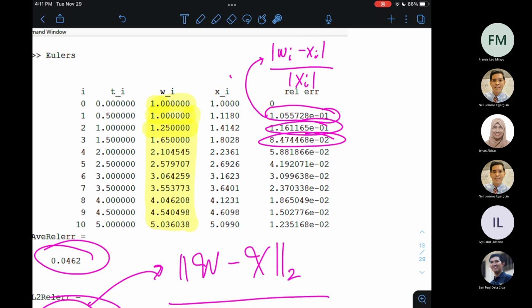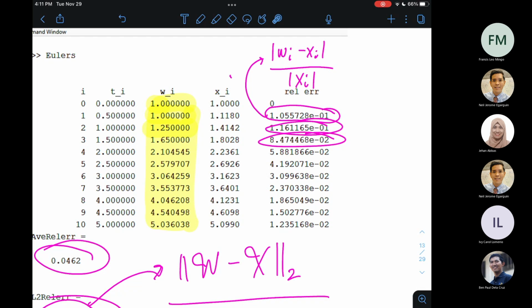Whenever you're proposing a method, kahit sa mga models, meron tinatawag tayong validation step. So kapag meron kang method, or actually kahit isa lamang computer program that you design to simulate something, you want to benchmark it. You want to see how accurate it is. And since we don't usually have access to lots of exact solutions, hanap ka ng toy problem. Tapos yung toy problem na yun doon mo i-implement yung algorithm mo para lang magkaroon ka ng idea, is it working the way I intended it to be?